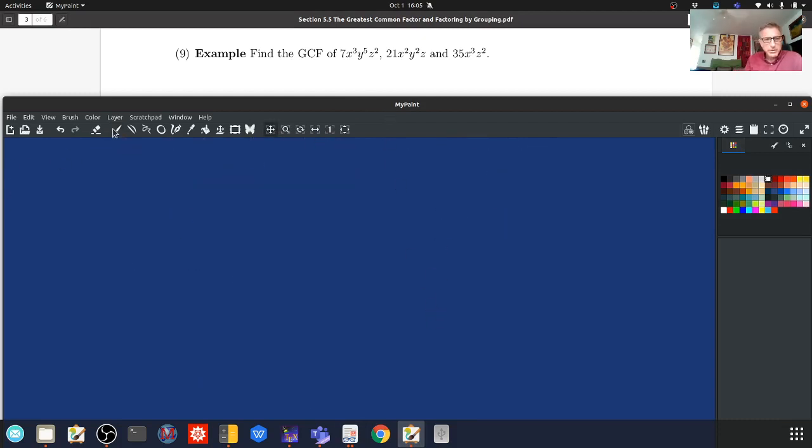So let's do this one. It's going to be the GCF of our constant terms, 7, 21, and 35, times, every term has an x, so I have to consider the x terms, the GCF of x cubed and x squared.